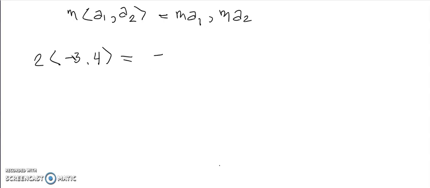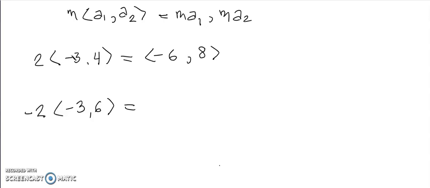So this will be negative 6 and positive 8. So in multiplication, you just do the distributive property. For example, we have negative 2 and the points are negative 3 and 6. So you just do the multiplication, and we have positive 6 and negative 12. So this is our new point over here.